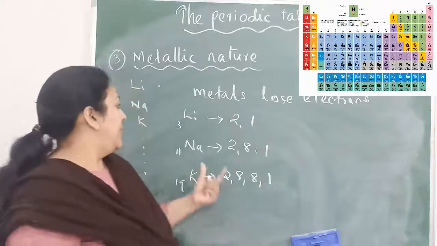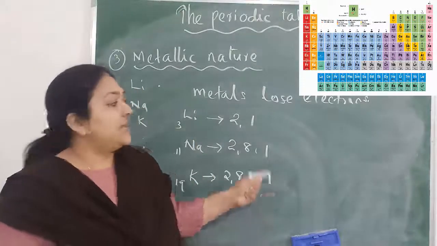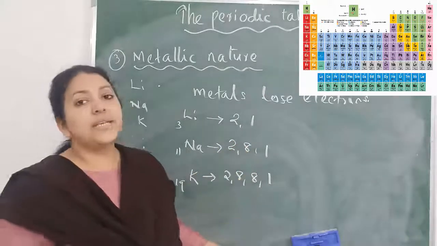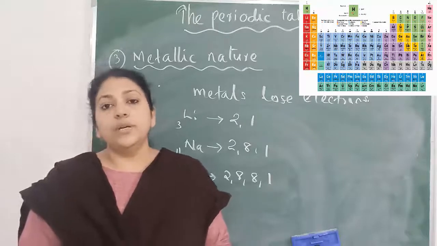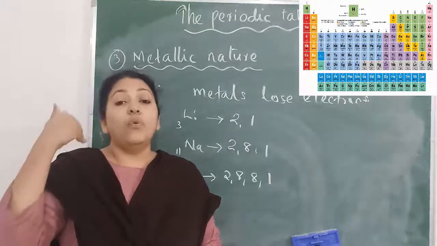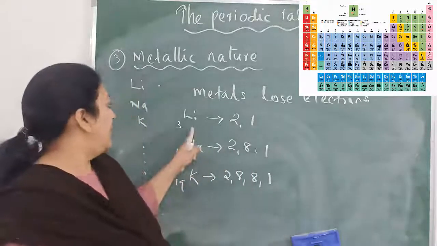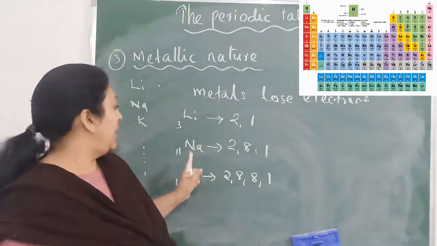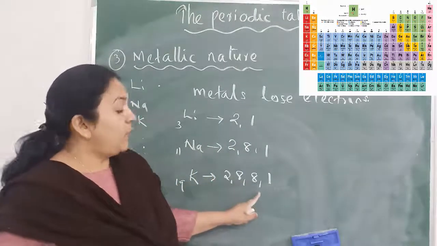Okay. Now see here what happens to the size of the atom. The size of the atom increases when you move from top to bottom in a group, because the number of shells increases when you move from one element to the next in a group. For example, in lithium only 2 shells are there, while sodium has 3 shells, potassium 4 shells.